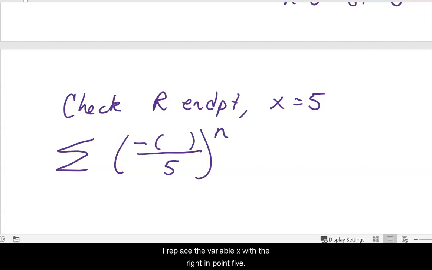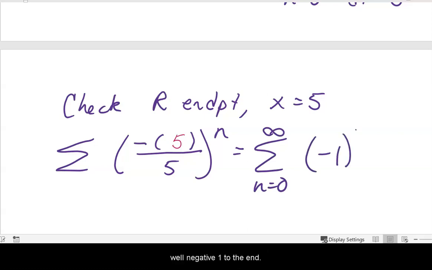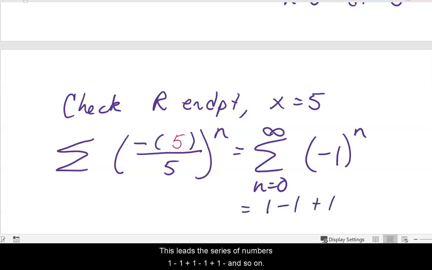I replace the variable x with the right endpoint 5, and this leads to the summation from n equals 0 to infinity of, well, negative 1 to the n. This leads to the series of numbers 1 minus 1 plus 1 minus 1 plus 1 minus, and so on.